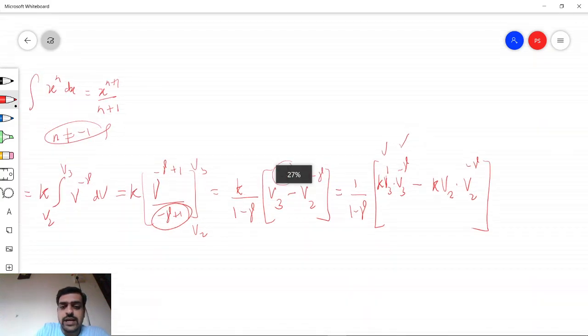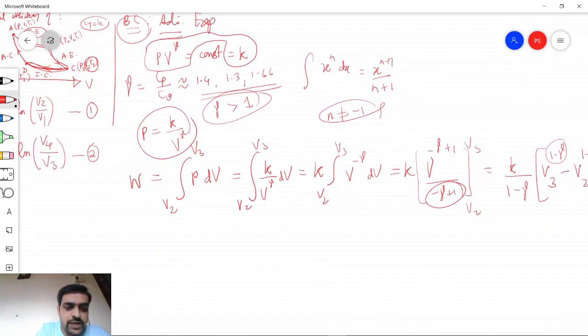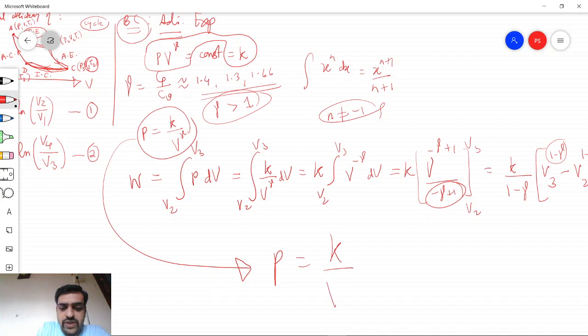Now let us look at the previous equation which we have written here, that P is K upon V raised to gamma, that is K into V raised to minus gamma, right?